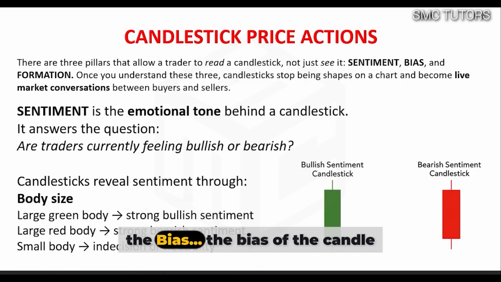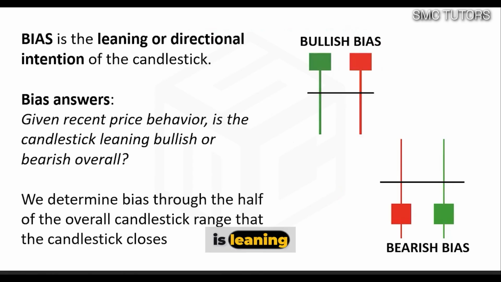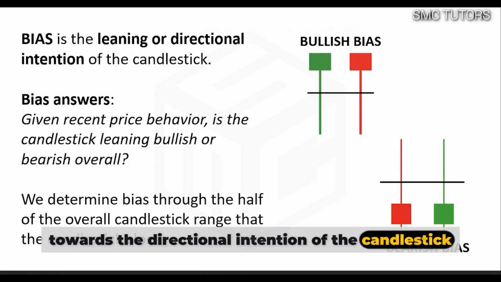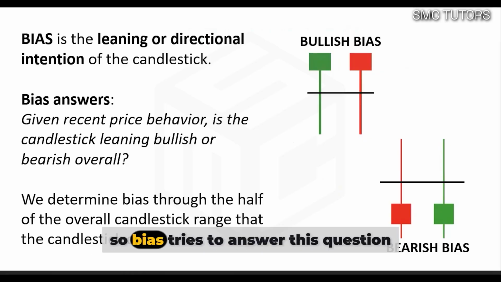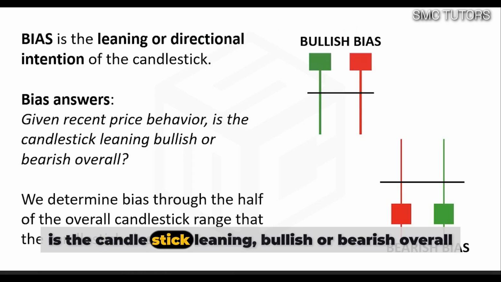The bias of the candle is the directional intention of the candlestick. Bias tries to answer this question: given the recent price behavior, is the candlestick leaning bullish or bearish overall?